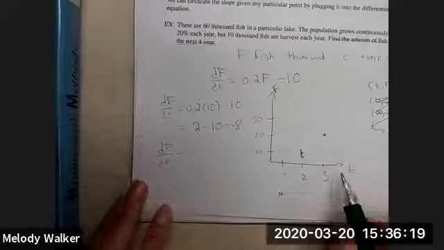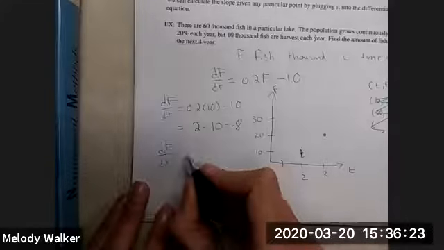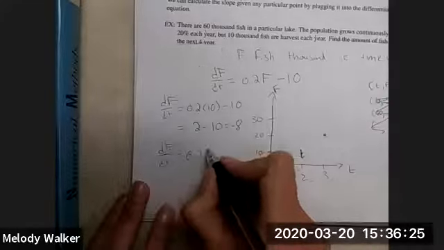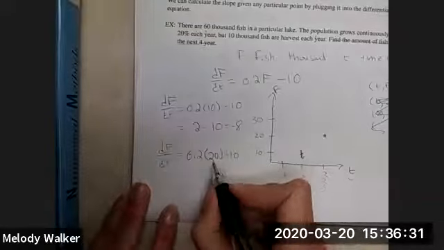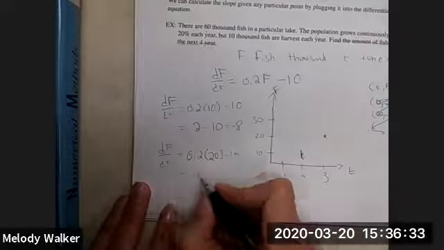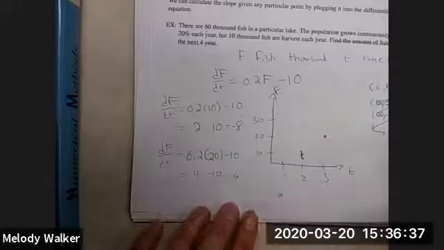Now at (3, 20), if I plug it into the differential equation, I only have to plug in the fish. So 20 times 0.2 is 4, minus 10 equals -6. So it is also negative.